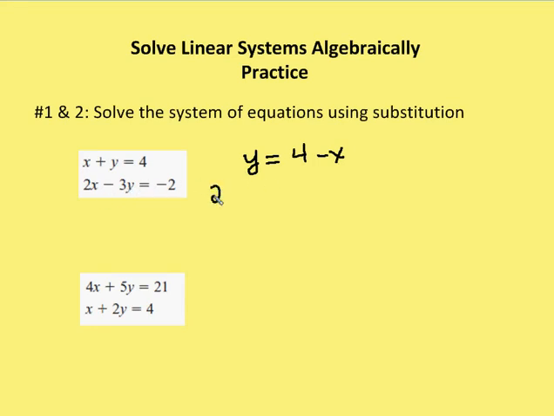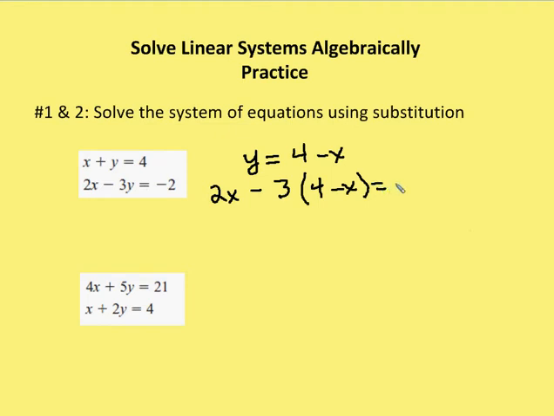So in the second equation, I have 2x minus 3 times 4 minus x, because now I'm substituting 4 minus x back in for y, and that's going to be equal to negative 2.